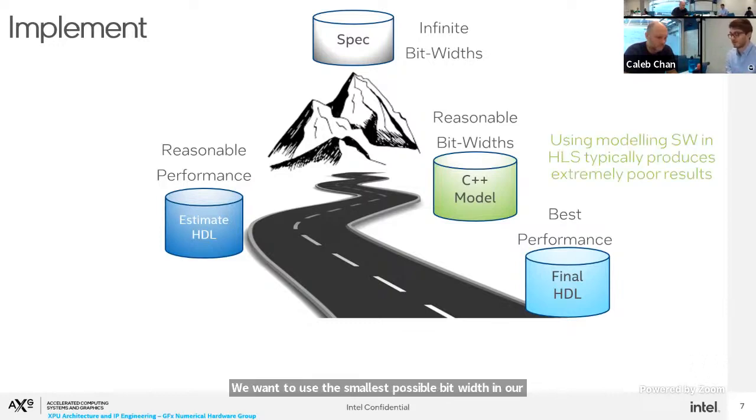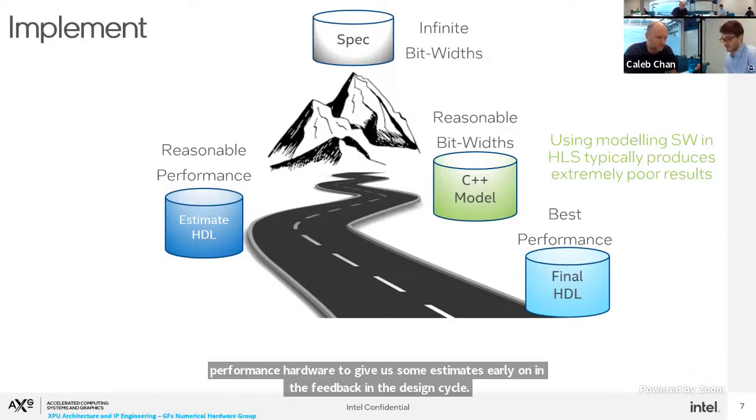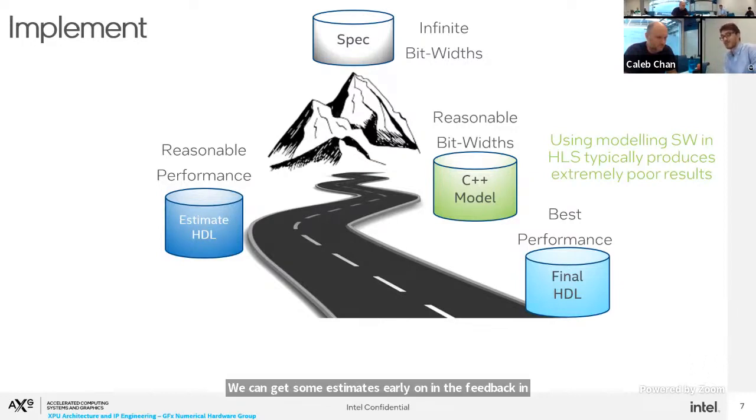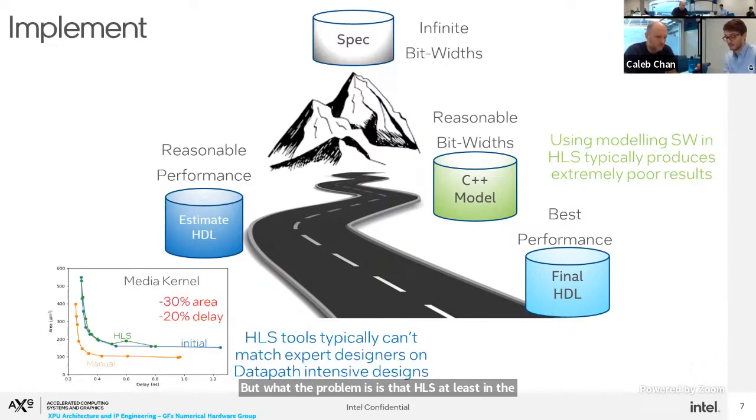And so this is where we think we can use things like HLS to generate at least some reasonable performance hardware to give us some estimates early on in the design cycle. We can get some estimates of how much area and how many cycles this thing is going to cost. But the problem is that HLS, at least in the graphics domain, doesn't really achieve the desired power, performance, and area that we require if we're going to implement this stuff.